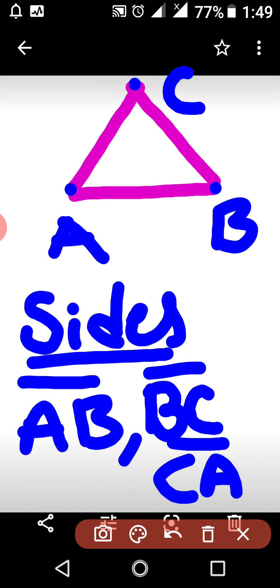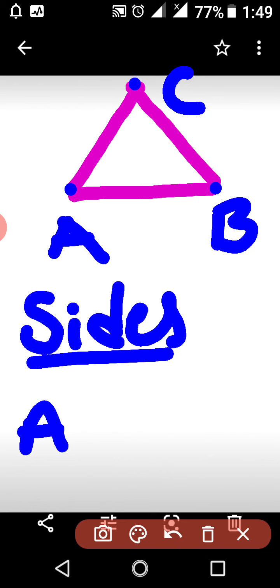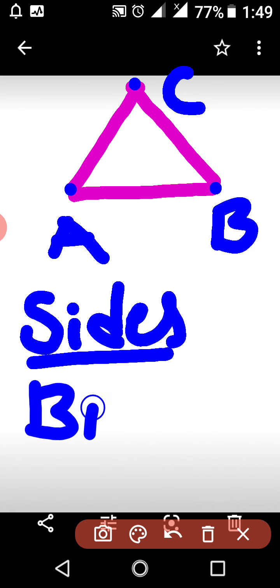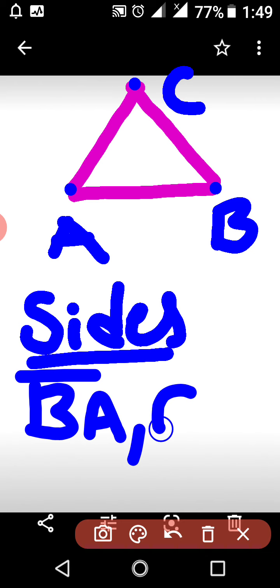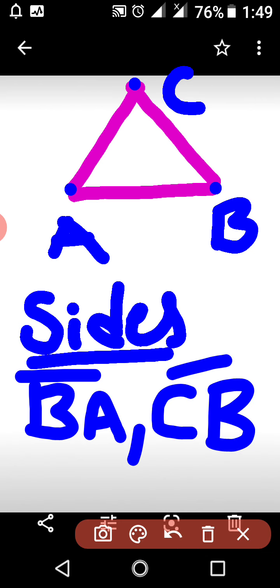We can represent any 2 alphabets in any direction, either clockwise or anti-clockwise. You can say AB or BA, no problem, nothing will happen. Next, BC or CB. Next, CA or AC. But finally we have only 3 sides: AB, BC and AC. These are the 3 sides of a triangle.